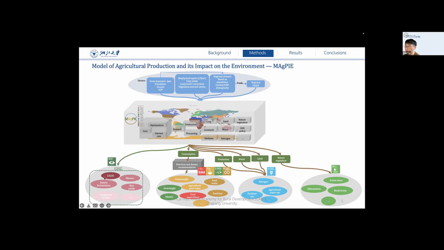MACPI can simulate region and grid-based GHG emissions from various sources. And concerning SDG 15, life on land, we have forest share, afforestation, biodiversity, and soil indicators.